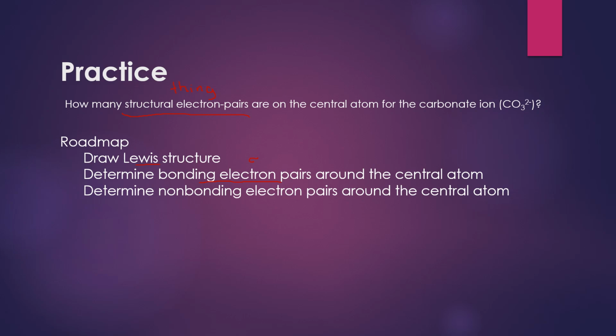So how many atoms are the central atom attached to? And we're also going to count the number of non-bonding electron pairs. Okay, so when I use the term non-bonding electron pairs, what we're referring to there is lone pairs.